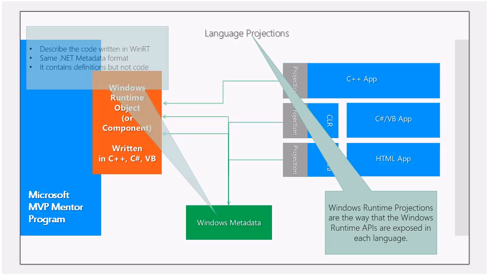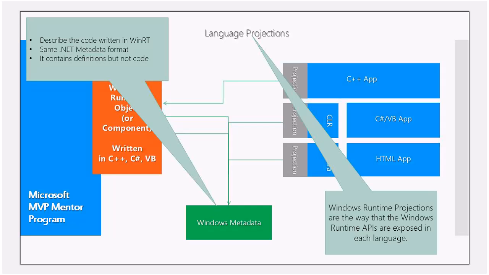And metadata pretty much describes the code that has been written in WinRT. WinRT borrows the same .NET metadata format, and it contains definitions but not code. I'm going to show you with the next demo how this whole thing works.